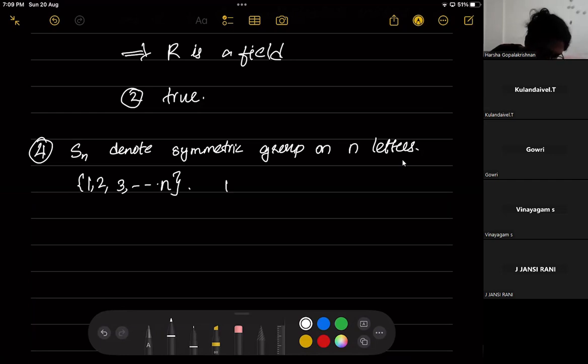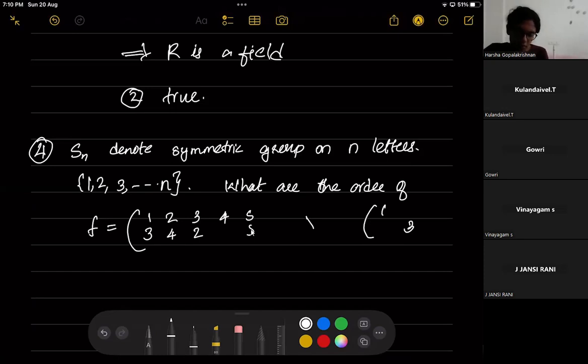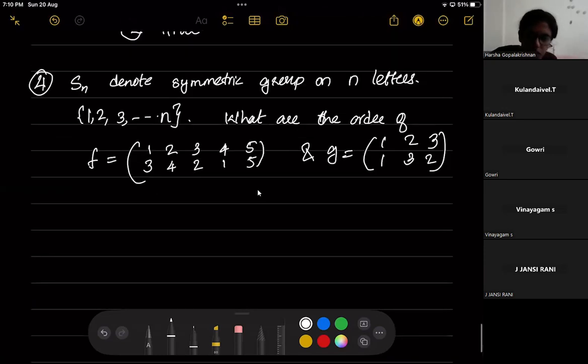So what is the order of the permutations?